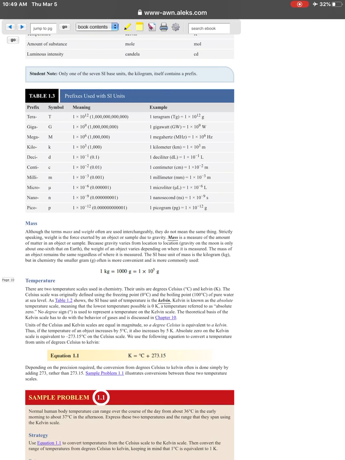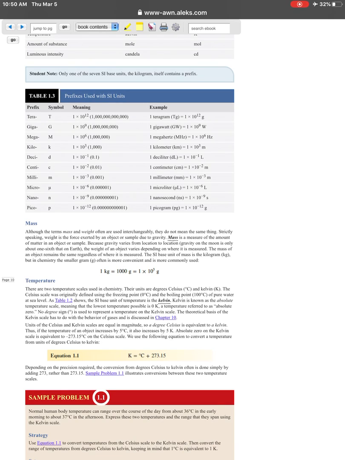So the measurement would be represented by putting the prefix, so capital T, with the unit of measure, which might be a gram or a G. So here we're showing you a unit there, the gram. So 1 times 10 to the 12th, 1 followed by 12 zeros, is the teragram, TG, and that would be 1 times 10 to the 12th grams.